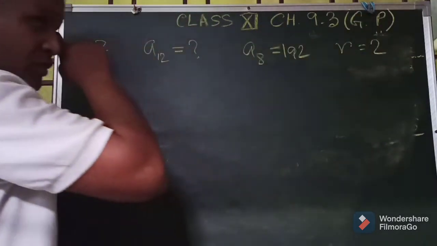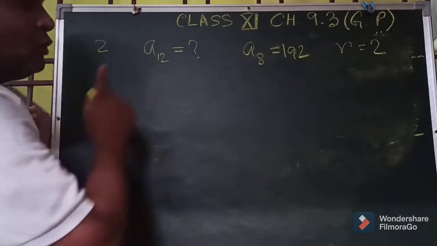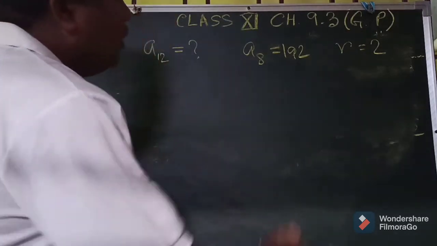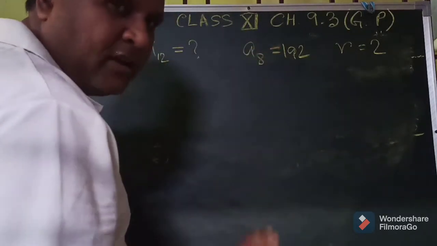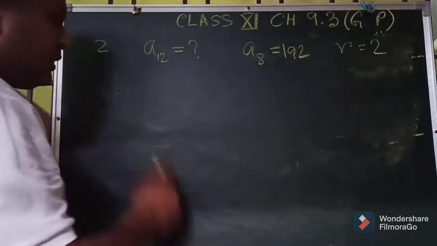This is what the question is asking: find the 12th term of a GP whose 8th term is 192 and common ratio is 2.